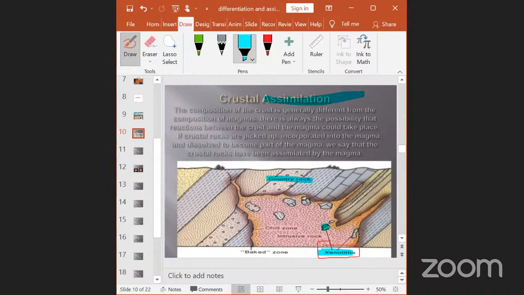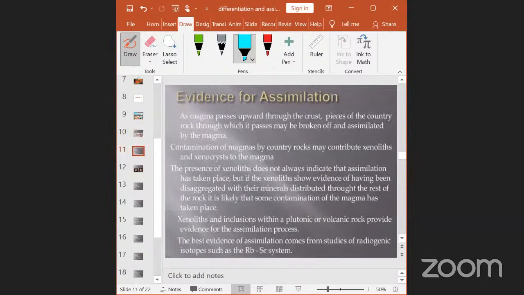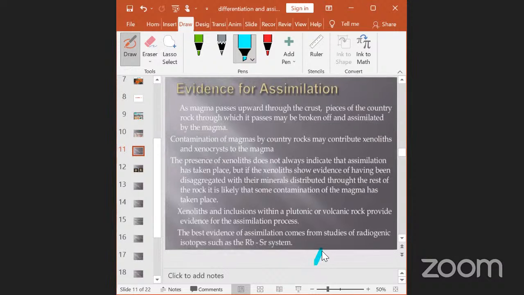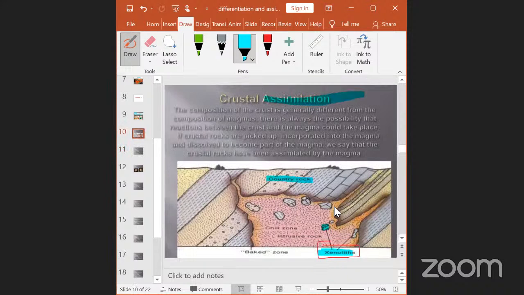It has been proposed as the mechanism by which andesites, right? Andesites are produced from the basalts. If the fragments are not digested, they remain entrapped within the mass of crystallized magma.